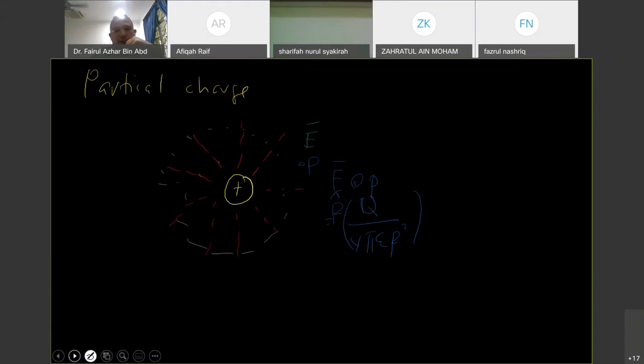But in the image method, instead of free space around this charge, we have one plane here, and this plane is grounded.